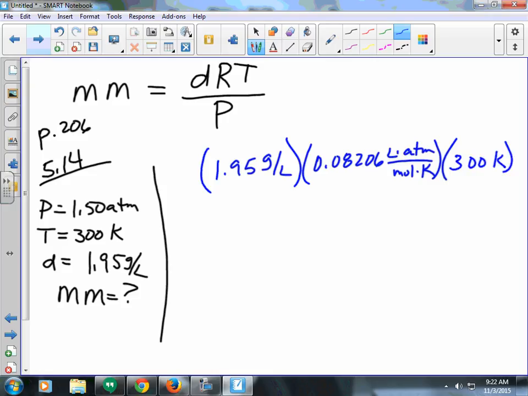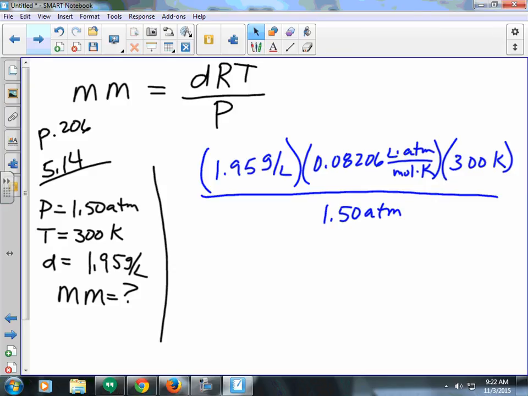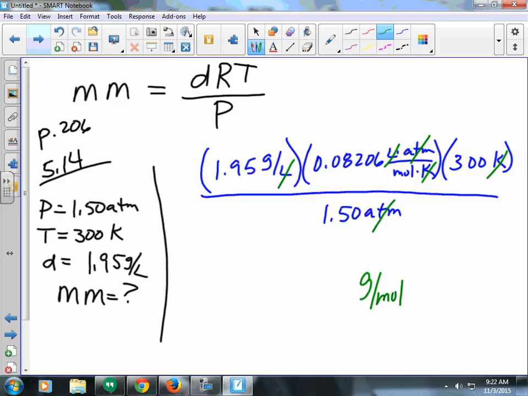I didn't write it as such. And pressure 1.50. All right, check your units. Liters cancels. Kelvin cancels. Atmosphere cancels. What do we got left? Grams per mole. Is that the correct unit for molar mass? Yep. So now we just punch it in.